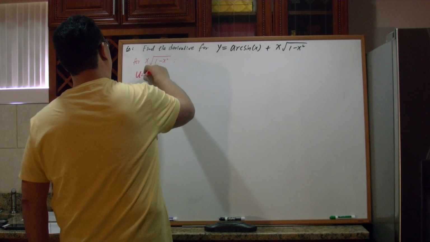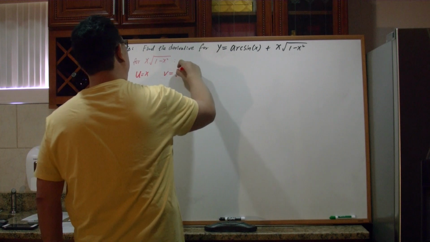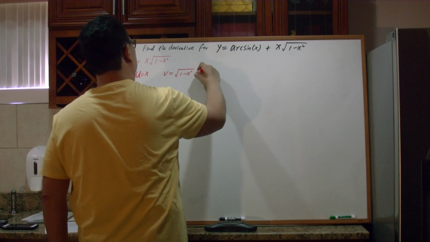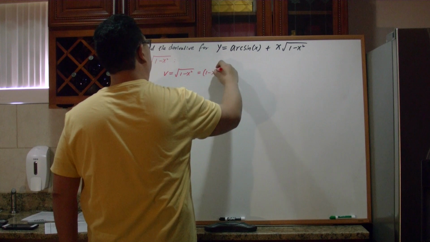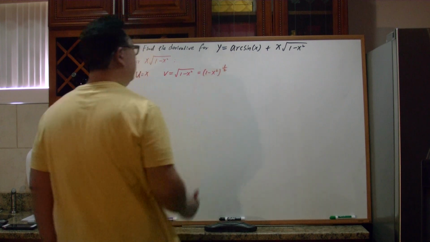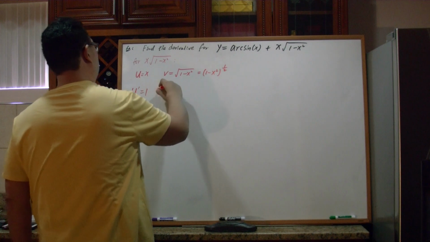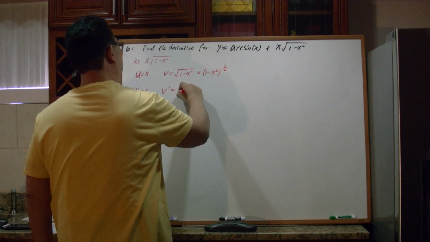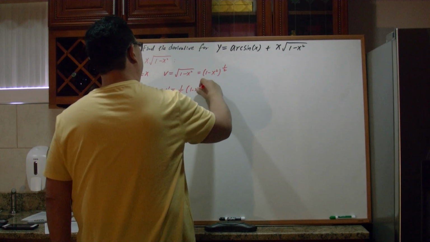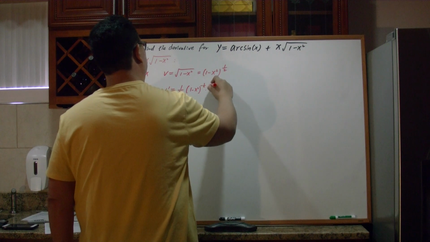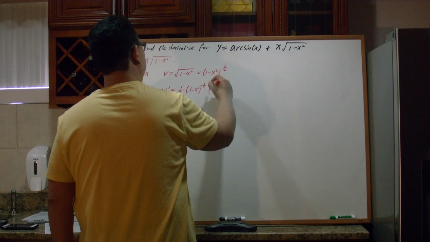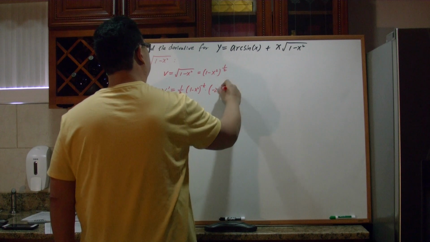u is x, no problem. v is the square root of 1 minus x squared, which is 1 minus x squared to the 1/2 power. Therefore u prime is 1. Now v prime, apply the chain rule: negative 1/2 multiplied by the derivative of the inside, negative 2x.